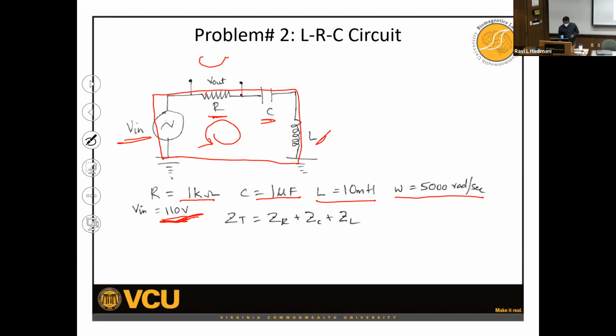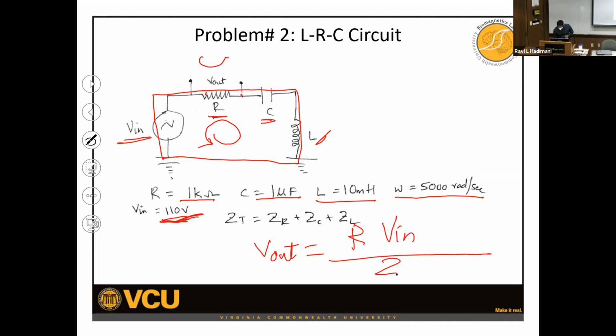Okay, so if you apply your voltage divider rule, V out equals, you want V out across R, right? So R times V in divided by now the total, not the resistance, but the impedance, because we are dealing with the AC signal, right?